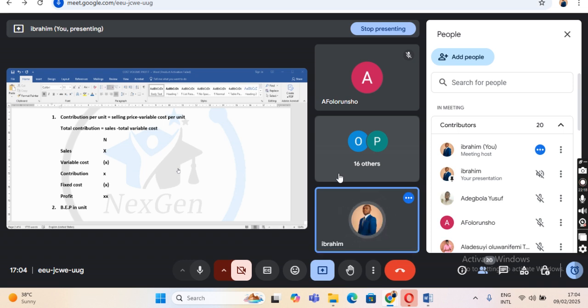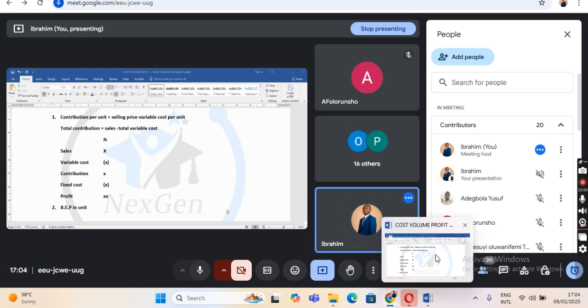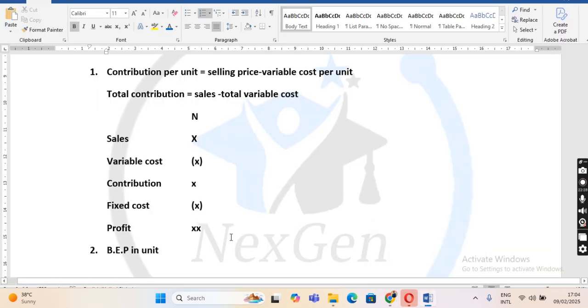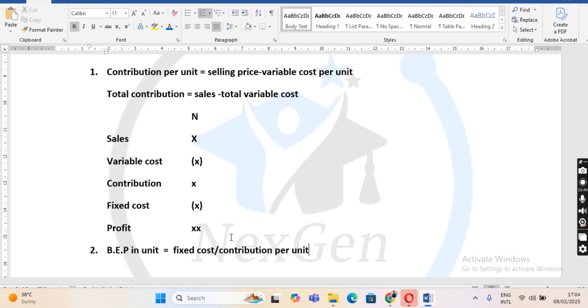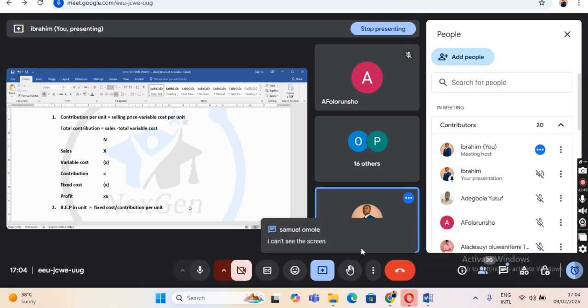Break even point means a point whereby there is no profit, there is no loss. Now, you want to use it to make decisions. What will be the break even point in units? Now, the formula for calculating this is your fixed cost divided by contribution per unit.